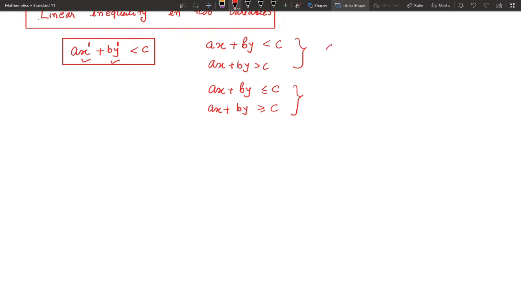This is strict inequality in two variables, while this is slack linear inequality in two variables.